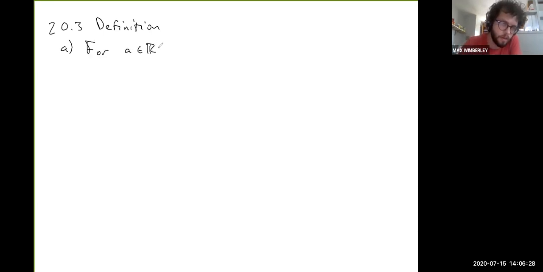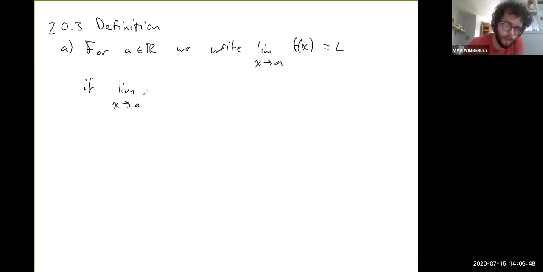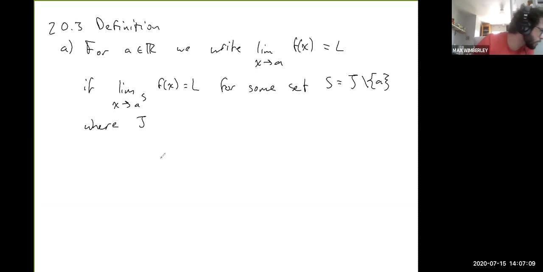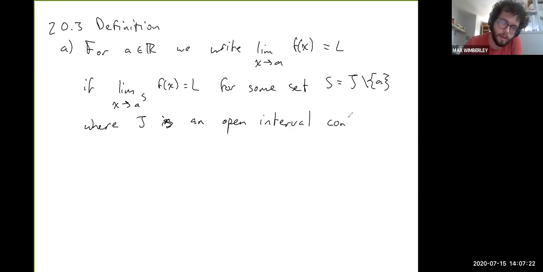For A in R, we write the limit as x approaches A of f of x equals L if the limit as x approaches A along S of f of x equals L for some set S equals J without the point A, where J is an open interval containing A.